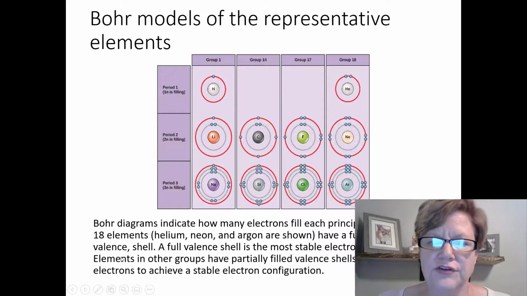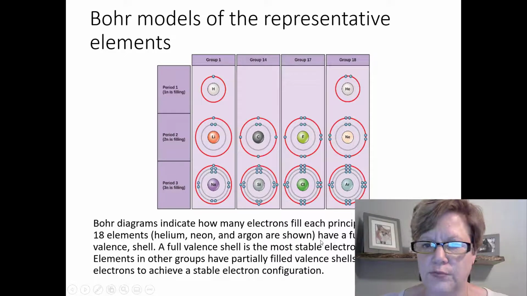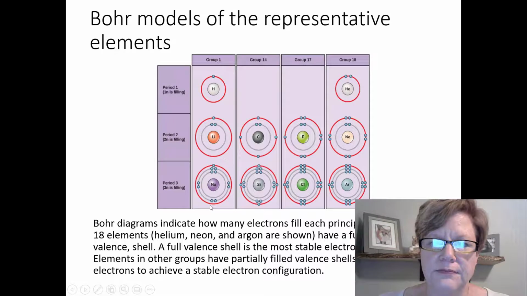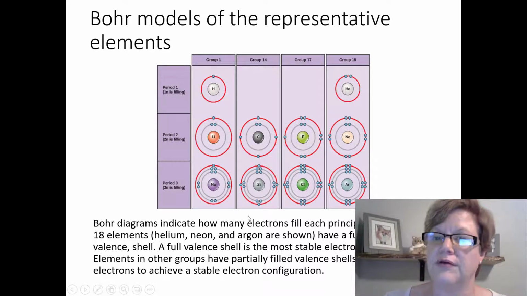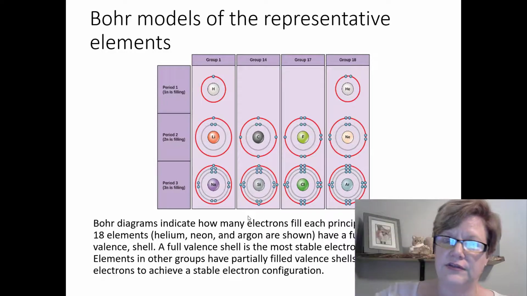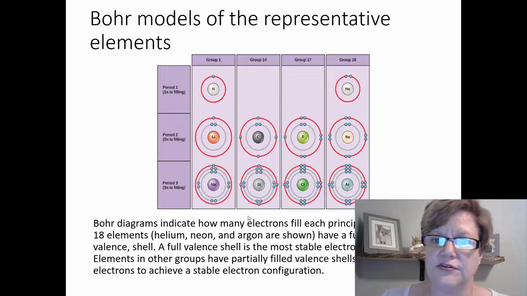All right, so you can see how these are set up in the Bohr model. You won't have to draw a Bohr model, but I think it's helpful that you can think through how the electrons would be distributed. The first 2 would be in the first level, the next 8 in the second level, and if there's even more, then the next 8 in the third level.